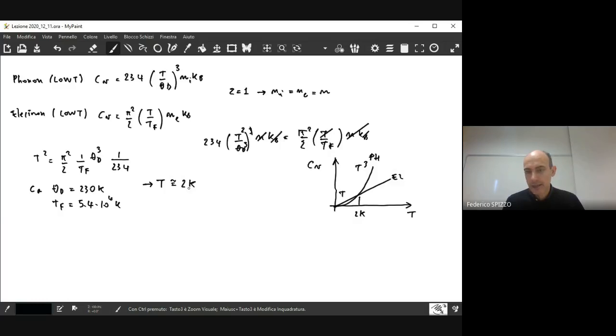Going on with the comparison between electronic features regarding the specific heat or the typical energies of the electrons and the corresponding phononic features, one thing that I told you when we started the discussion of the properties of the ionic crystal, in case the ionic crystal is able to oscillate with respect to the equilibrium position, was that we may use what was called the adiabatic approximation.